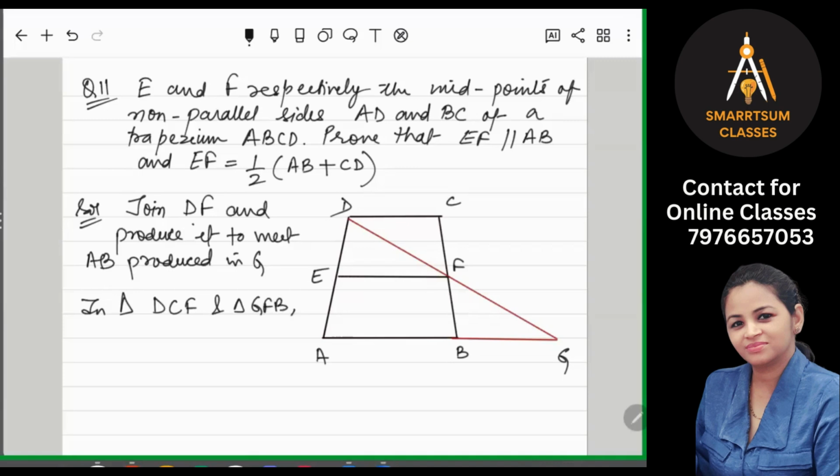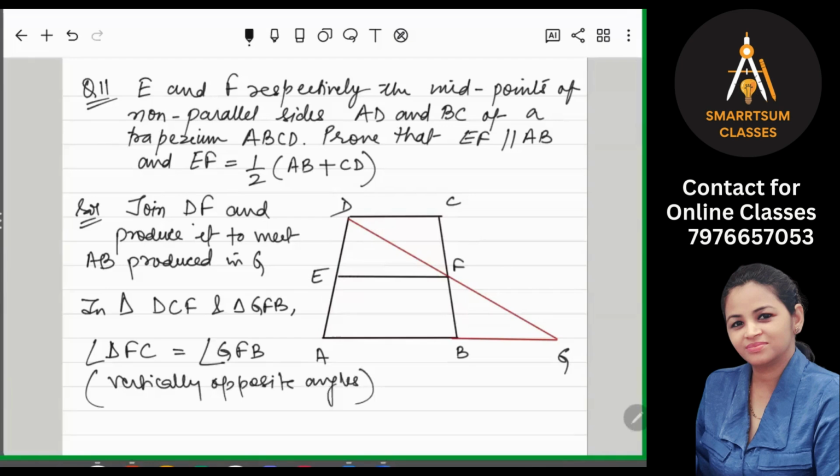In these two triangles, angle DFC is equal to angle GFB. Why? They are vertically opposite angles. So write down: angle DFC is equal to angle GFB, because these are vertically opposite angles, and so they are equal.